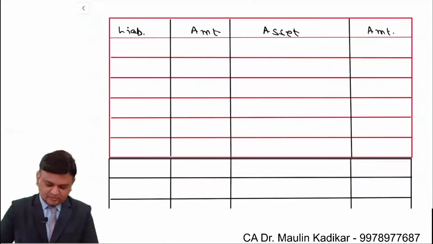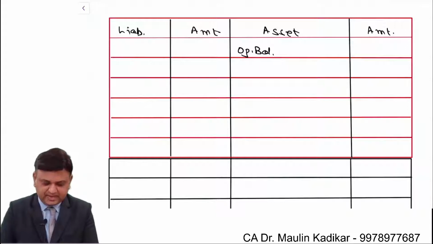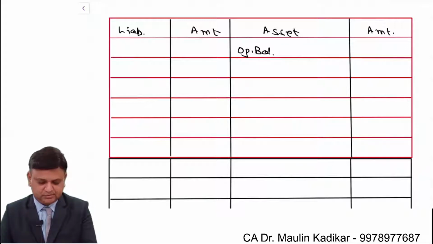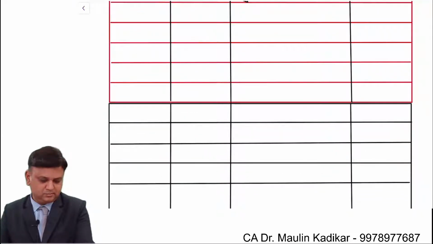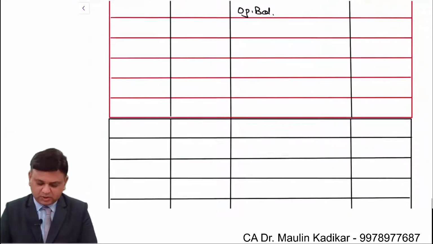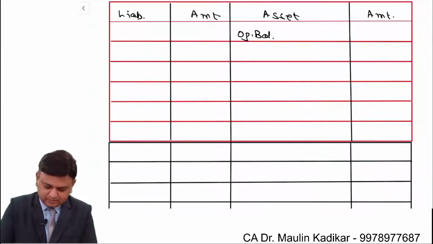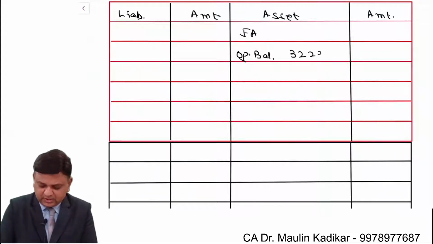Everyone please write an answer along with me. In the fixed asset we have opening balance as 32 lakh 23,529.